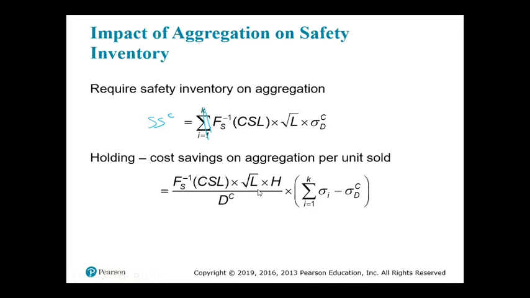This is equal to the holding cost times the difference between inventory held in the decentralized case and the aggregated case. And this term is per unit sold, so we're going to divide it by DC as well.